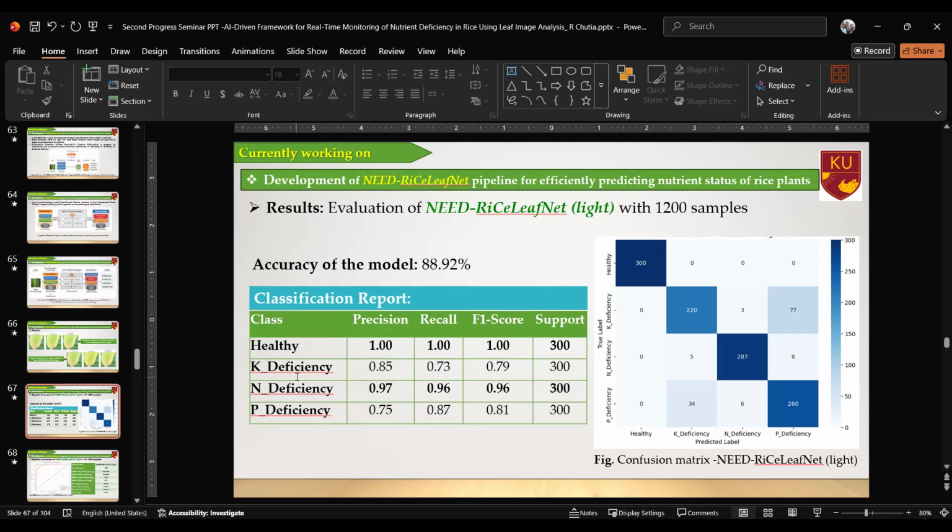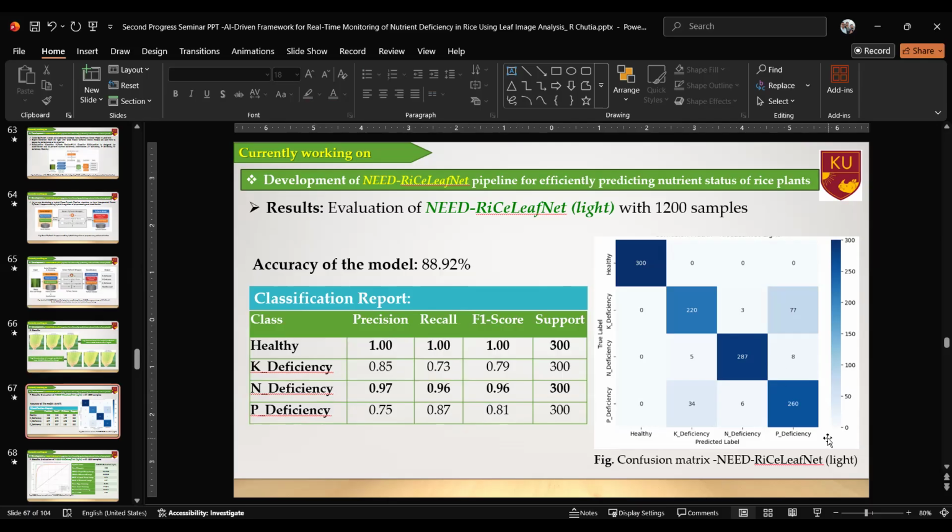For K deficiency, the precision is 0.85, recall 0.73, and F1 score 0.79. For nitrogen it's 0.97 precision, 0.96 recall, and 0.96 F1 score. And for P deficiency, it is 0.75 precision, 0.87 recall, and 0.81 F1 score.